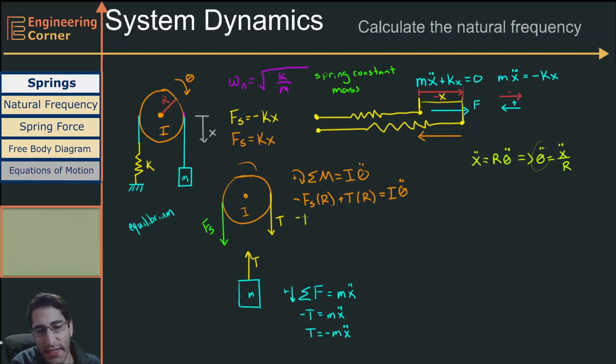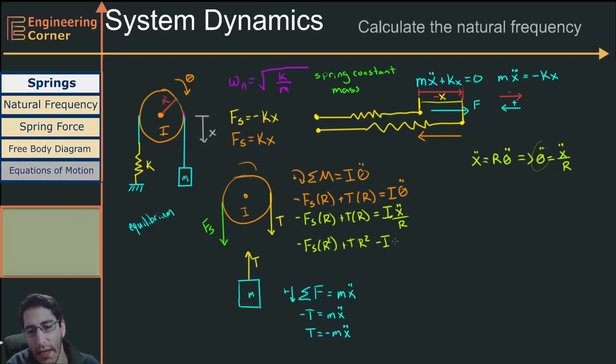So we're going to have minus Fs times r plus T times r is equal to I times x double dot, my acceleration, over r. Now let me multiply by r across, so I get it out of the denominator, move I to the other side of the equation, and what I'll get is minus Fs r squared plus T times r squared minus I x double dot is equal to 0.